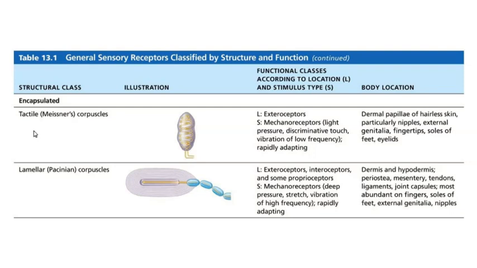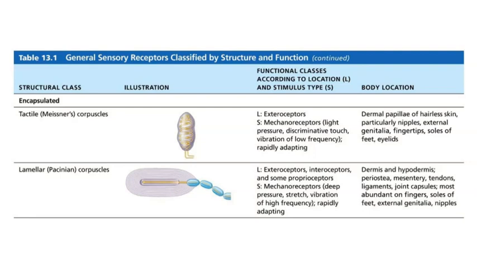Even though their names sound pretty similar, they have two different locations and two slightly different functions as well. Recall that the tactile cells sensed very light touch, whereas the tactile corpuscles that we're seeing here in the dermis tend to sense very light pressure rather than touch, and also low-frequency vibration. So tactile corpuscles are different in their location and what they sense.